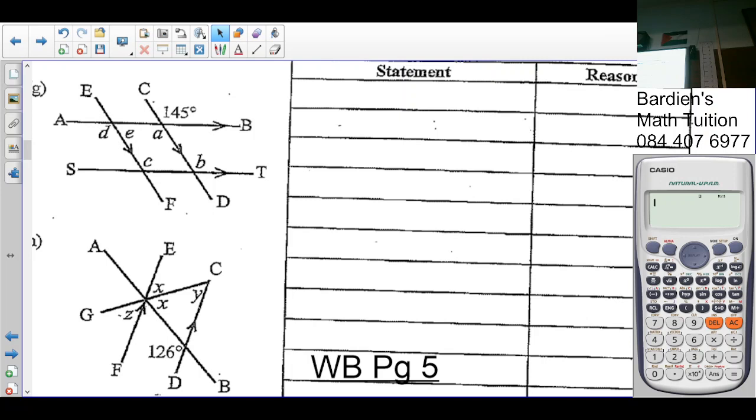Sorry? The B we can calculate first. So this is also the wrong diagram. Okay, no problem. So this is on page 6.